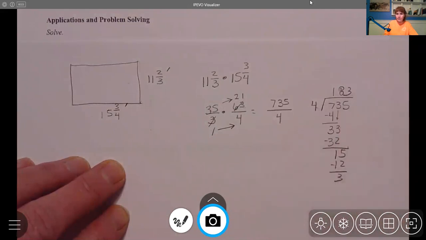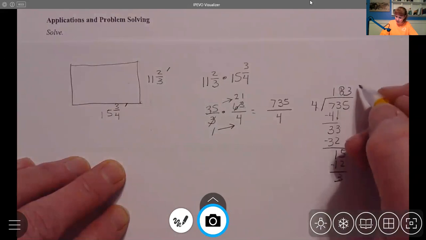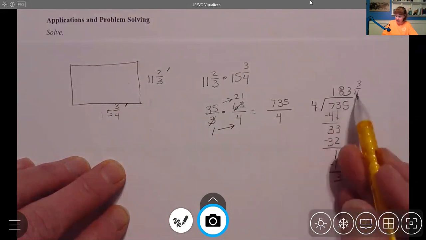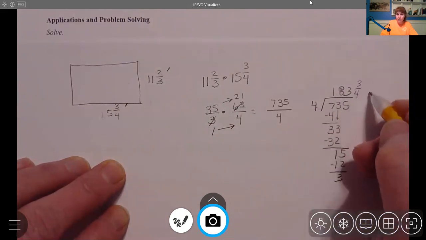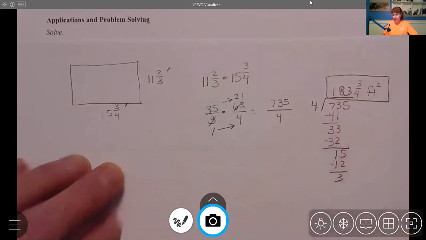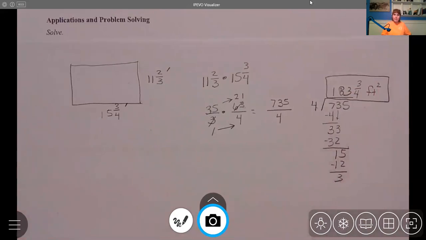That didn't take long. 183 3/4. Put your remainder over your divisor here. And make sure you have units. And this would be square feet. So areas are always square feet, square inches, square centimeters, square meters, whereas volumes are cubic feet, cubic meters, cubic centimeters, cubic inches. But this is area, so it's square.